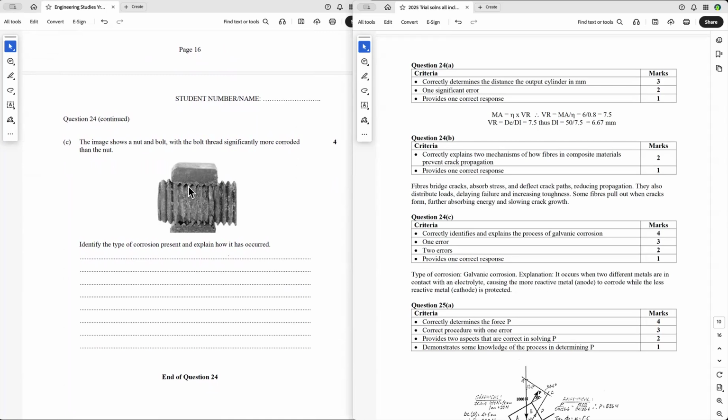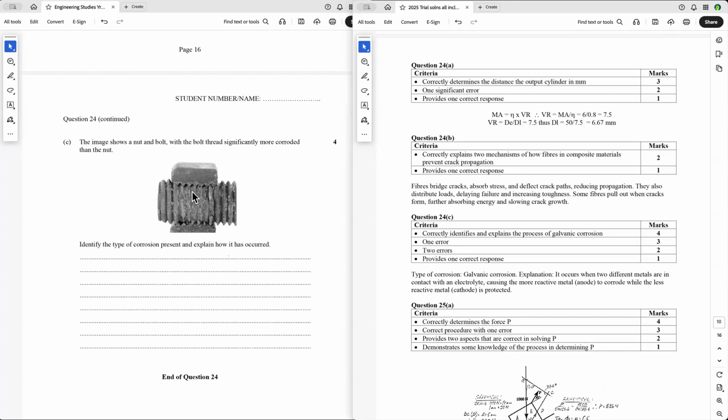But I also accepted differential aeration. You can get corrosion occurring where there's a deficiency of oxygen. It's just like waterline corrosion. You get corrosion just below the surface of the water because there's more oxygen just above compared to below. And so that's basically the answer to this question.